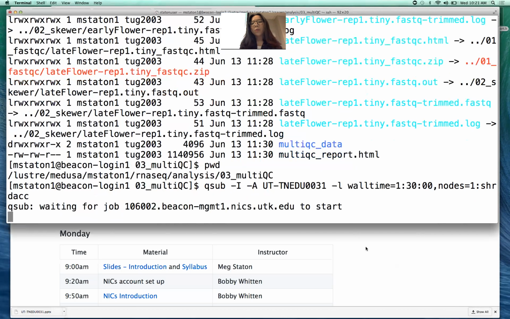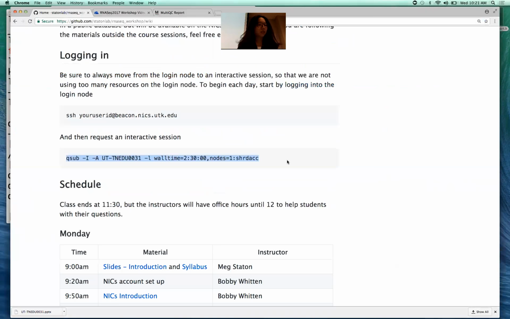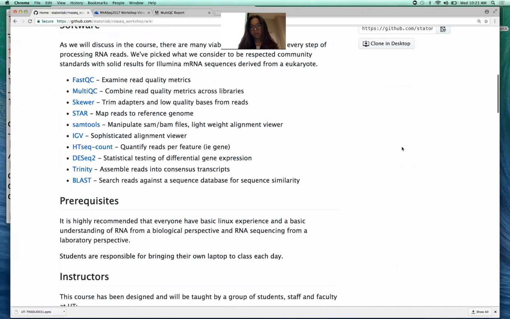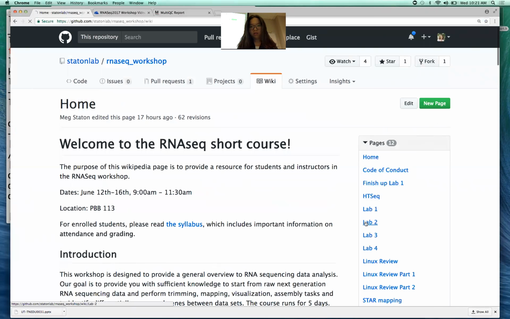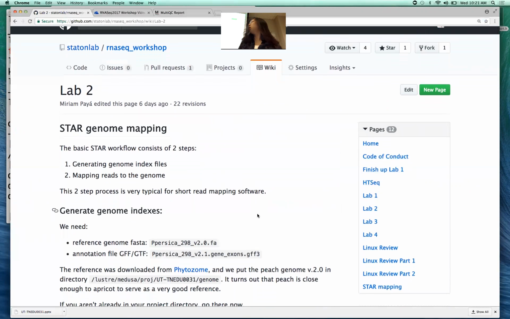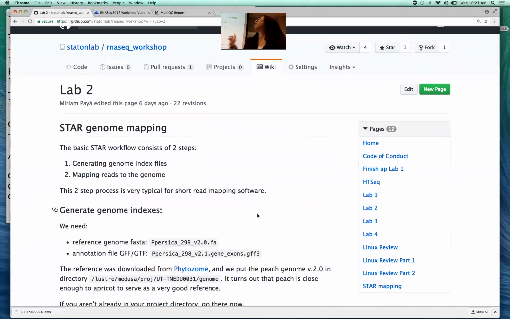The software we are using to map the RNA-seq reads to the genome is called STAR. It stands for Splice Transcripts Alignment to a Reference. So it's doing splicing.